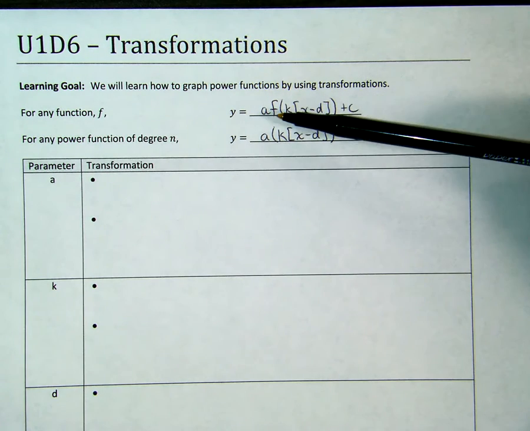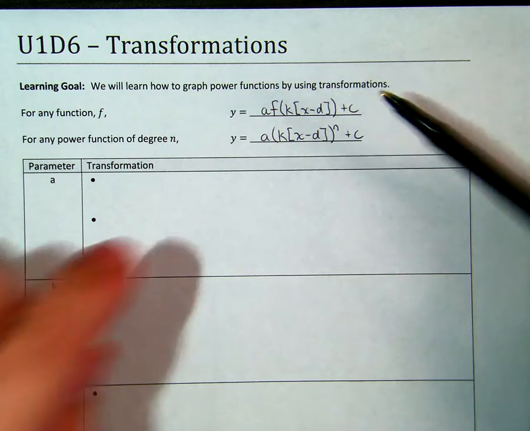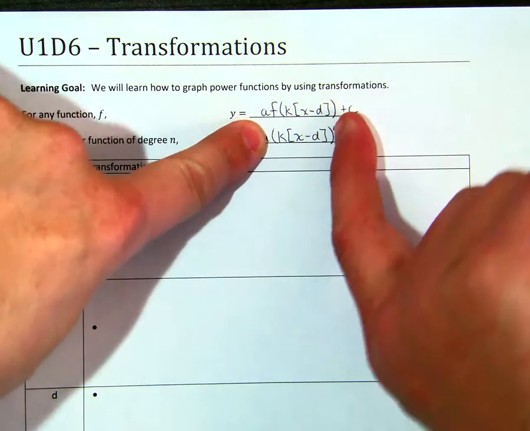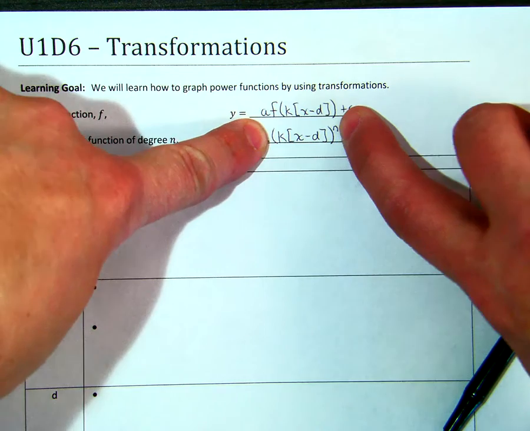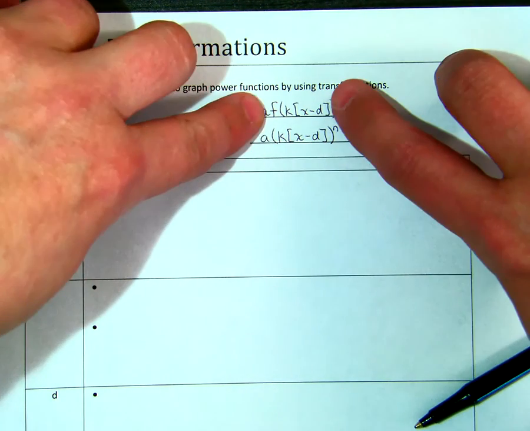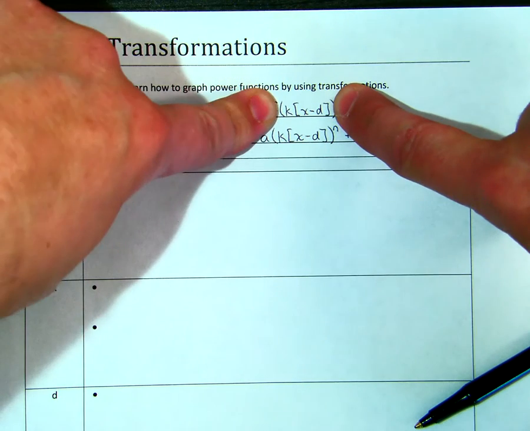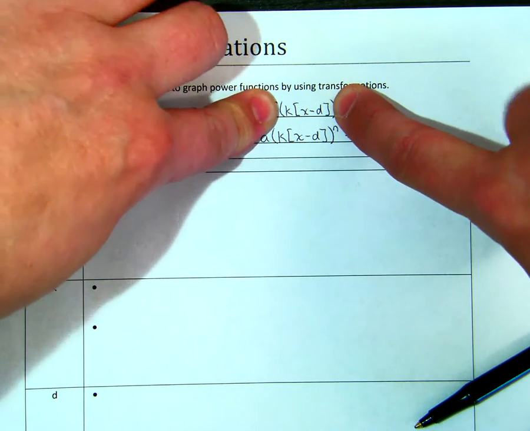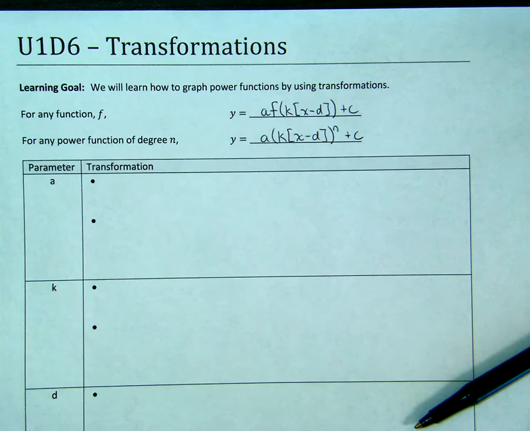So the f that is any function is to the power of n, and the brackets here, that's inside the function, which in this case is inside the power function, which is to the power of n. Same with here, all this stuff, k times x minus d in brackets, is inside the function f, and that can change. It can be anything you want.